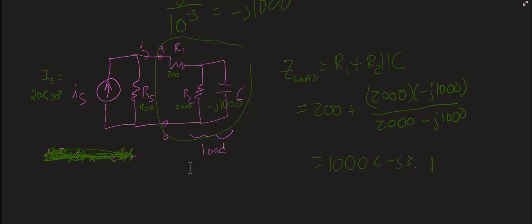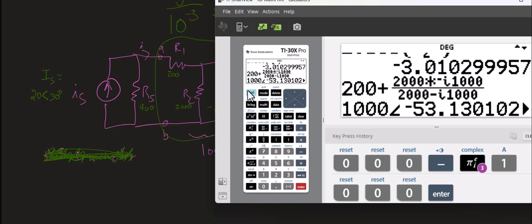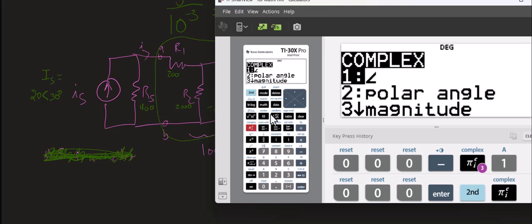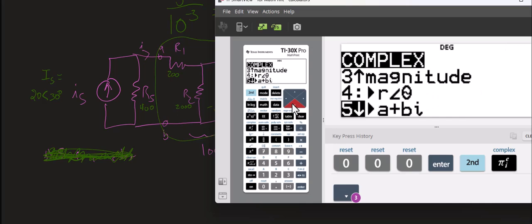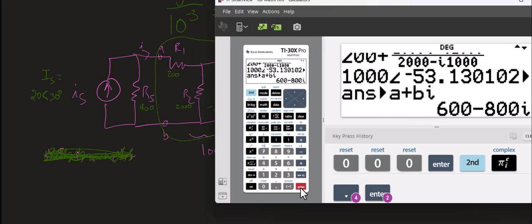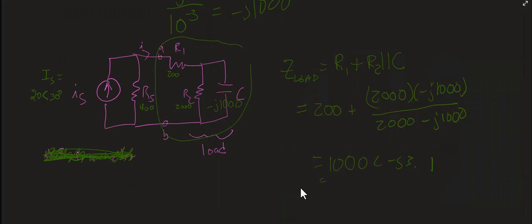Let me see what that is in rectangular. Oh, that's pretty. 600 minus J 800. I mean, just minus J 800 ohms.